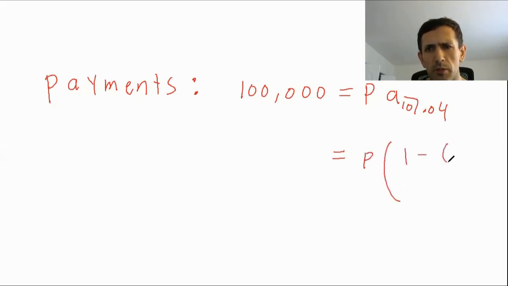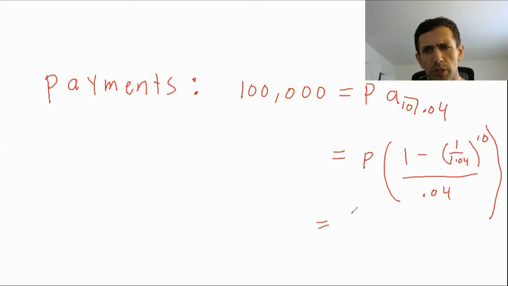1 minus present value factor. Yeah, it's probably a little easier to do 1.04 to the minus 10, but it doesn't really matter. 1.04 to the 10 over your interest rate, 0.04. And this is going to be equal to 8.1109P.